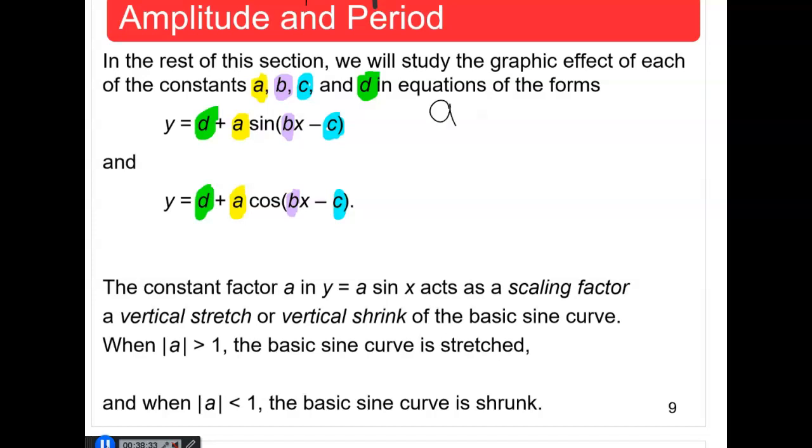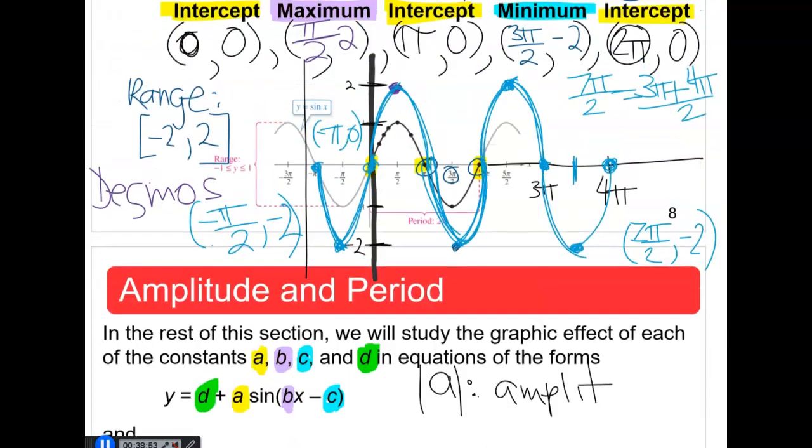So A is going to be, in fact, the absolute value of A, it will be the amplitude. What will happen if we had something like y equals negative 2 sine of x? Well, it will also have an amplitude of 2, but it will be a reflection of the graph that we have here.